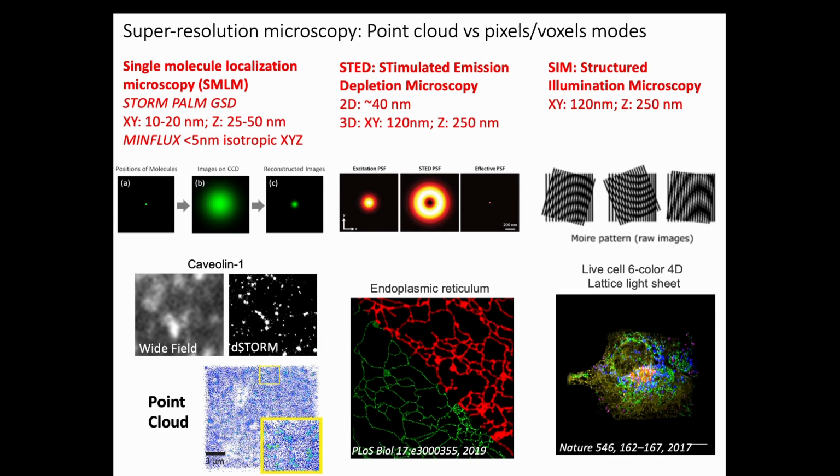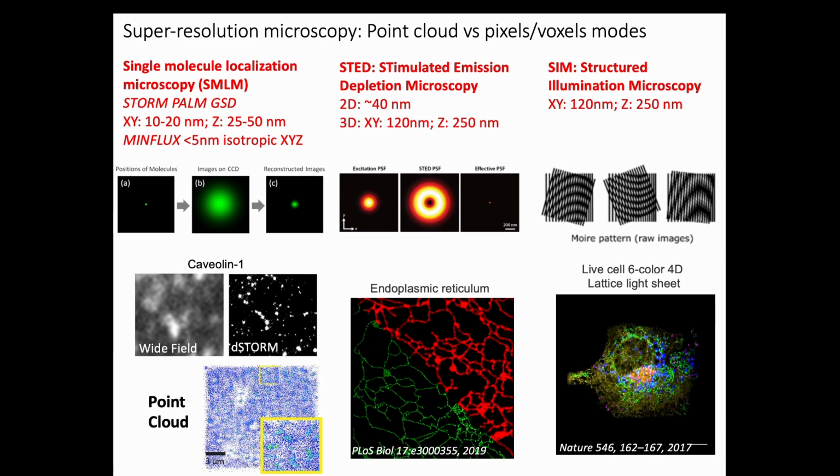It can typically reach resolutions of about 10 to 20 nanometers in XY or laterally, and about 25 to 50 in Z. Now there's a new SMLM approach called MinFlux, which has a quite incredible less than 5 nanometer isotropic resolution in X, Y, and Z.